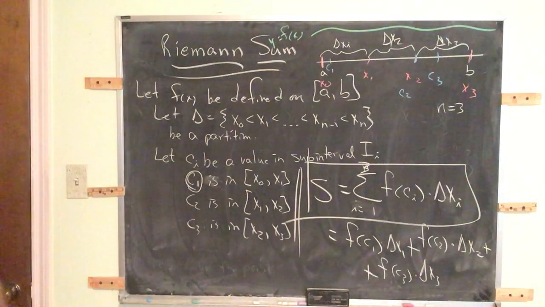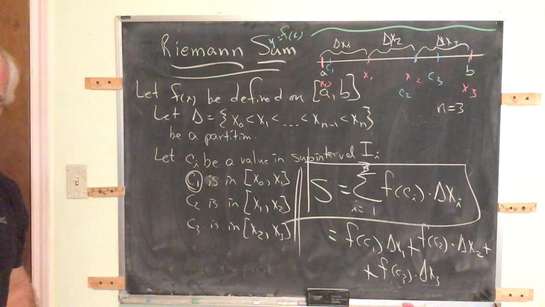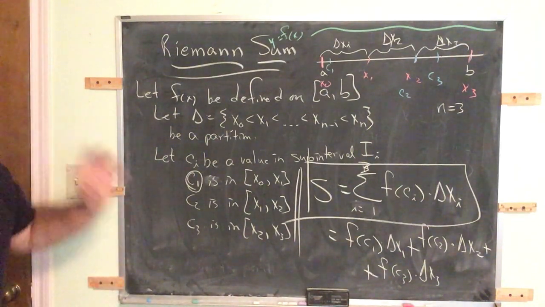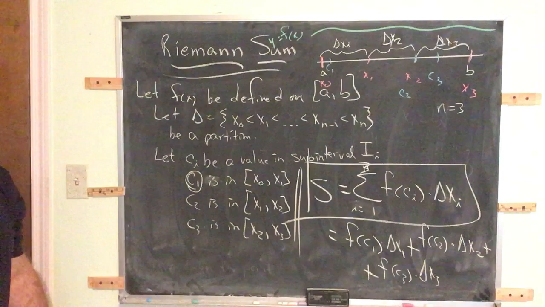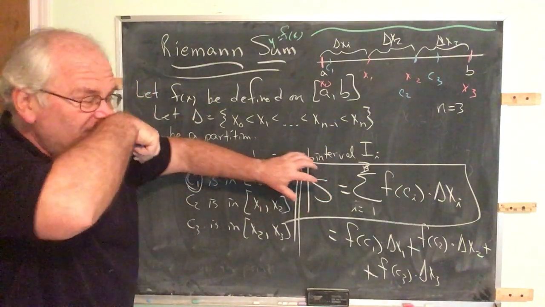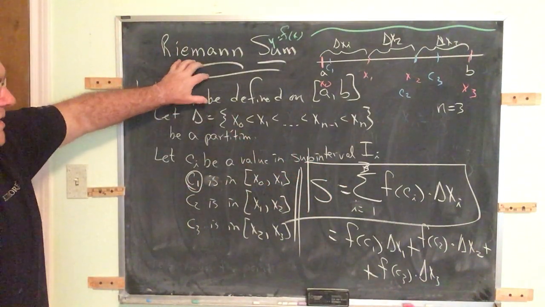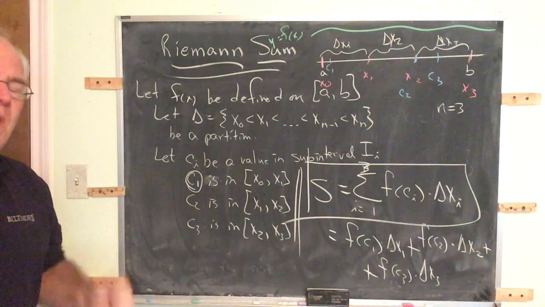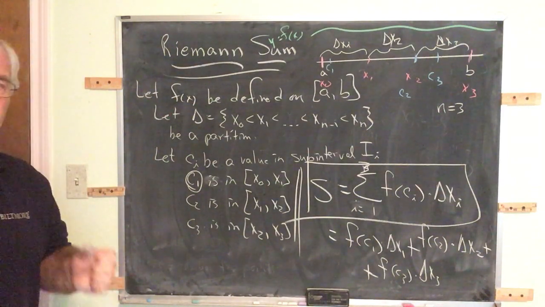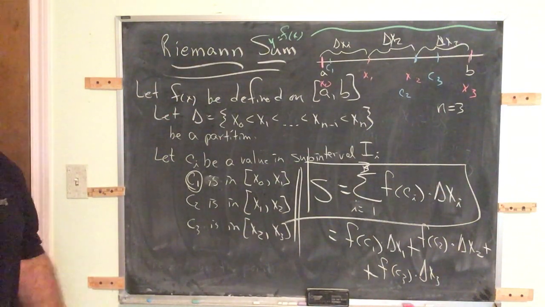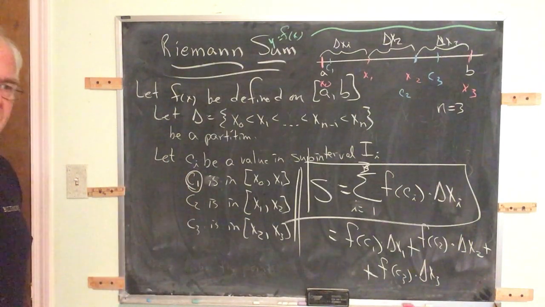That is a Riemann sum. Why that's important at this stage of the game from your side of the video camera is not obvious at all. This idea, this notion of a Riemann sum, is one of the most important ideas going forward from this point on into the calculus.